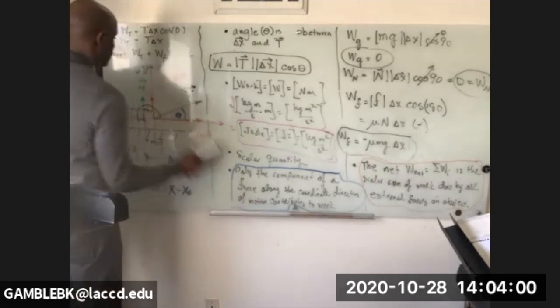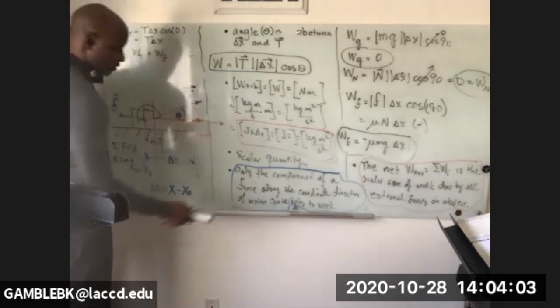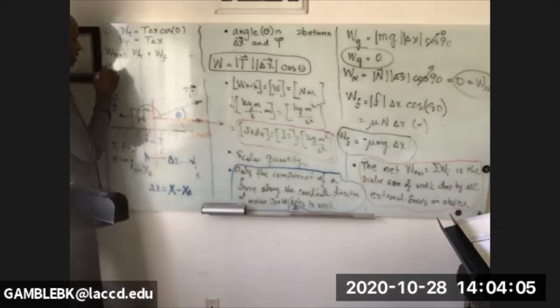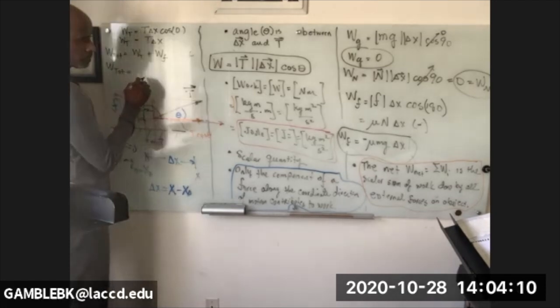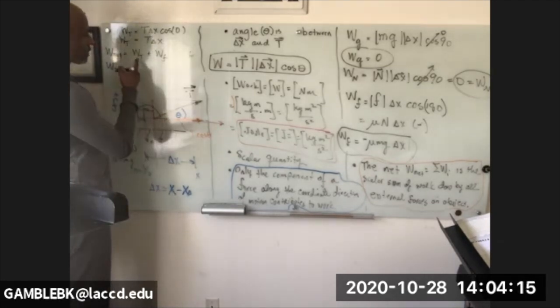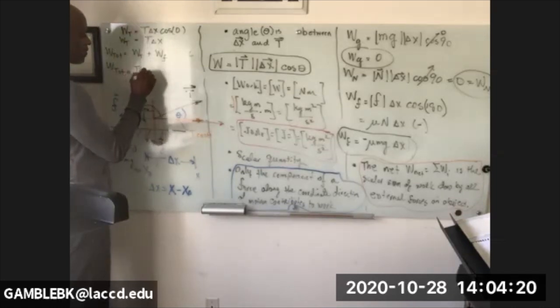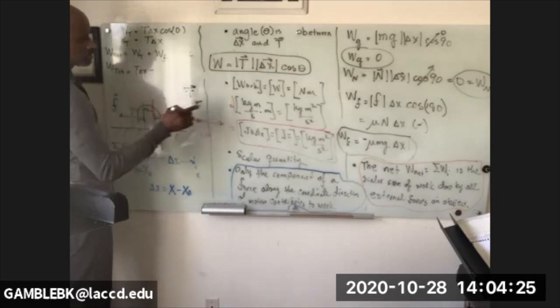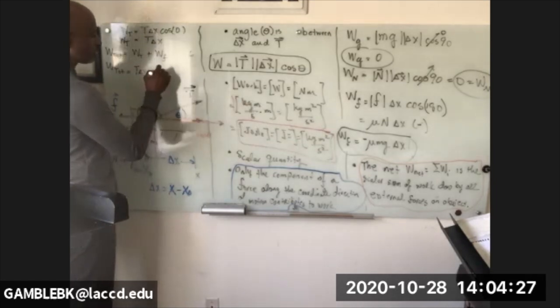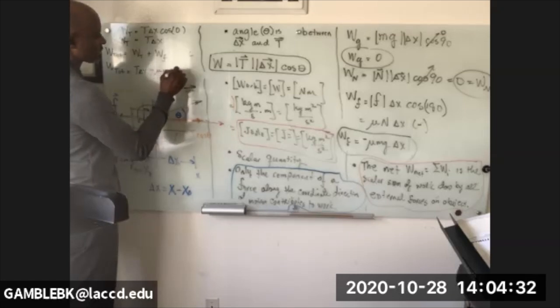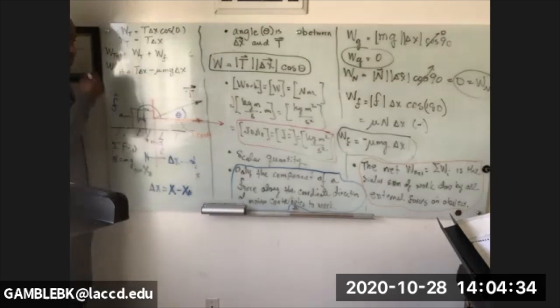So in the end, the total net work on the system would be WT, which is T times delta X, plus WF, which is actually minus mu M G times delta X. I guess you could simplify it a little bit.